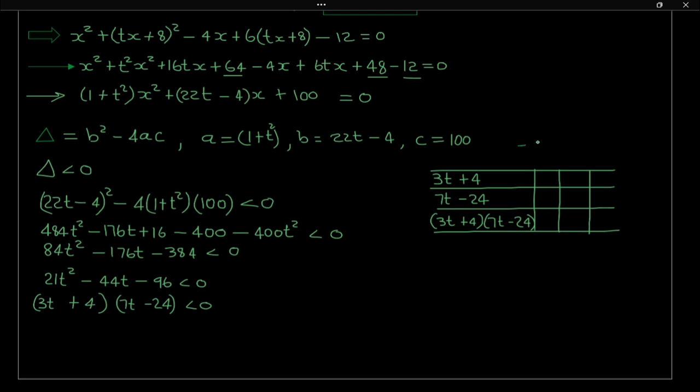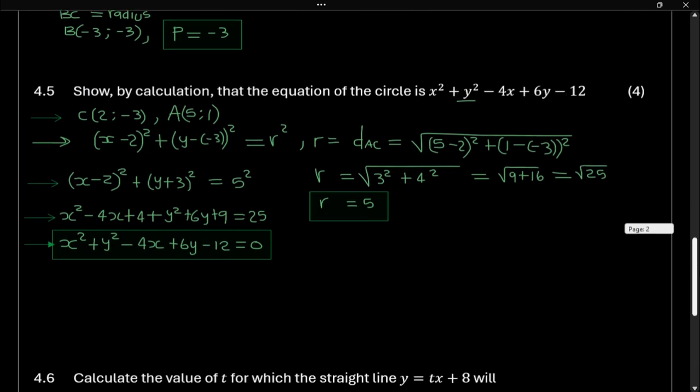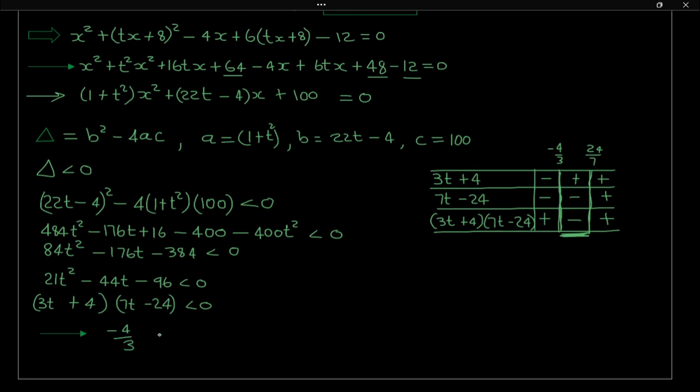Solving for t, we get negative 4 over 3 and 24 over 7. So the signs are negative and positive for one part, and negative, negative, and positive for the other part. Multiplying that, we have positive, negative, positive. So we're looking for the middle part. That means negative 4 over 3 is less than t, which is less than 24 over 7. So that's what satisfies.